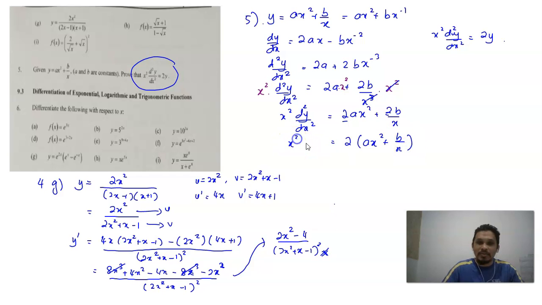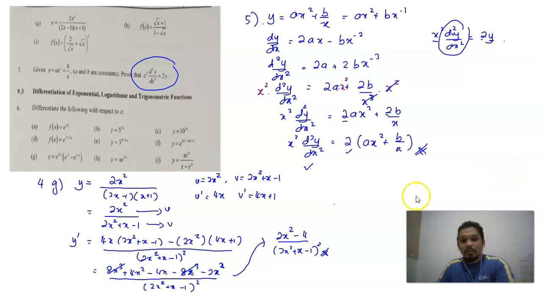And this is x squared times the second derivative of y with respect to x. It is all here, and 2, and look at this one, y. What is the term of y here just now? Ax squared plus b over x. There you go. Okay. Get it?